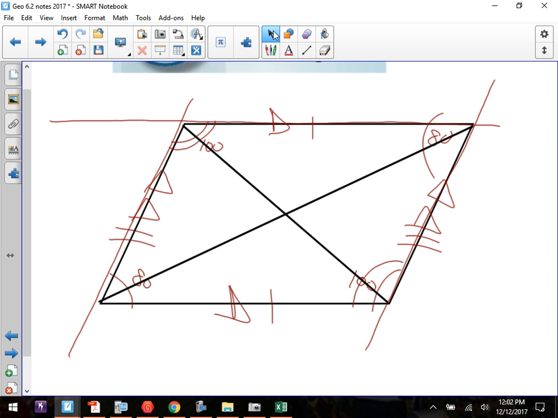And the one thing that happens with these is that they bisect each other. If you bisect something, what do you do to it? You cut it in half. So it doesn't necessarily mean that they're congruent to each other. All they do is bisect each other. So we say that the diagonals bisect.